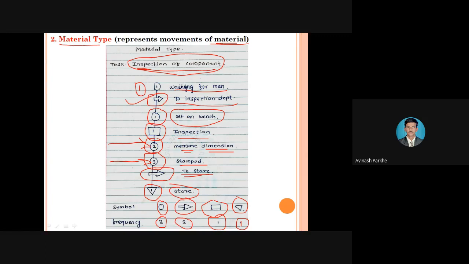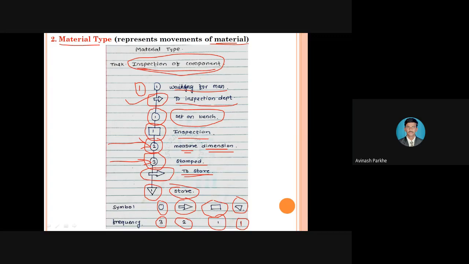Keep in mind, whatever activities are performed by the man on that material during inspection are not represented using this material type of flow process chart.